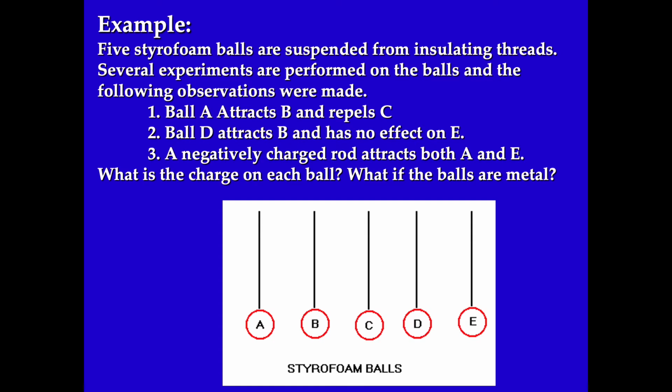Ball A attracts ball B and repels ball C. Ball D attracts B and has no effect on E. A negatively charged rod attracts both A and E. And we'll only answer the first question. What is the charge on each ball? In other words, I want you to tell me the sign of the charge on each ball.